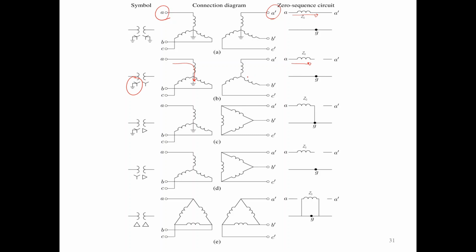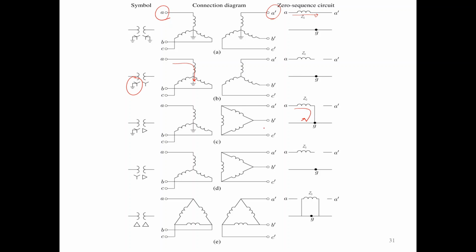Since the secondary is not grounded, meaning that Zn is infinite, you just remove it from the circuit. We represent this as an open circuit. Now in this case we have a Y grounded and delta. Y grounded means that the current can go on this side only, and it cannot go to the other side through the delta.